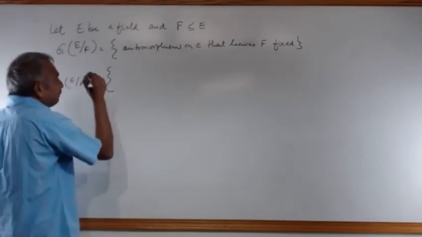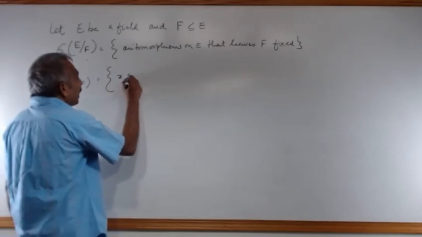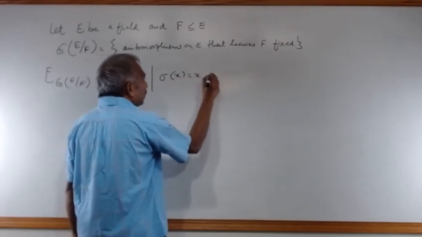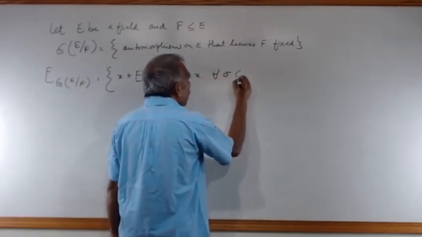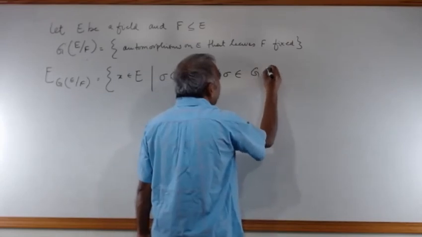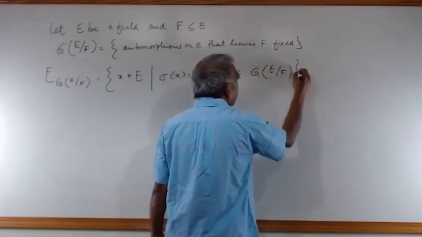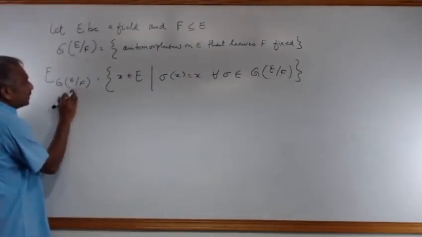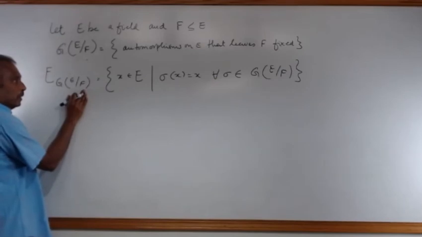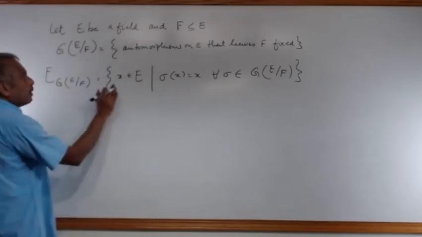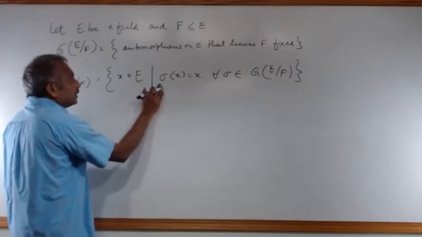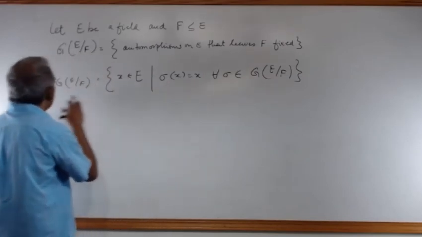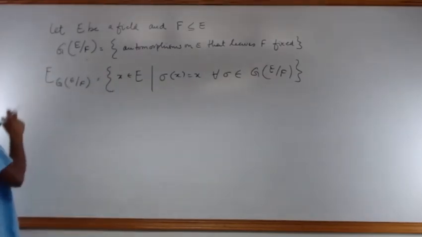So that is actually x belongs to E such that sigma of x equal to x for all sigma in G of E over F. If you take any element from this subgroup and apply it to an element of E, then that should leave that element fixed. And that is what is called the fixed field.